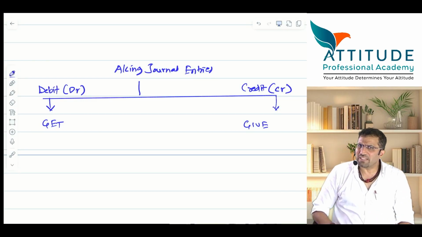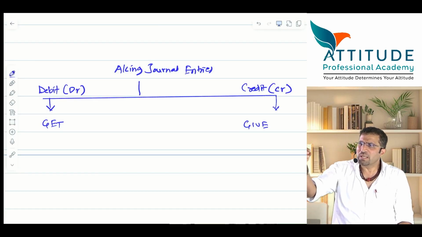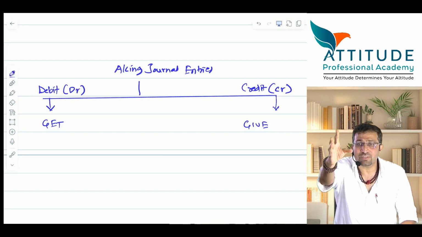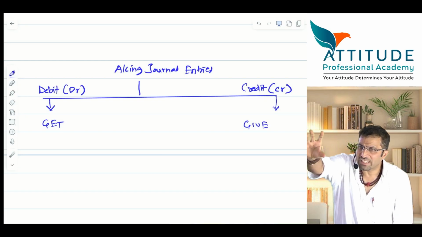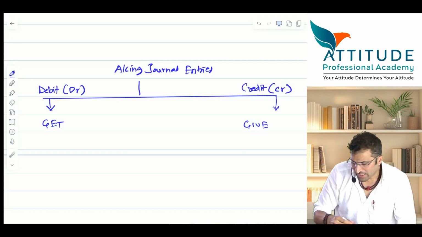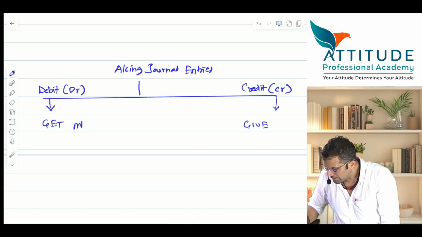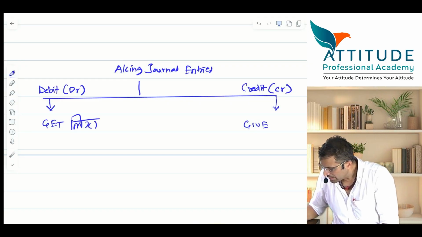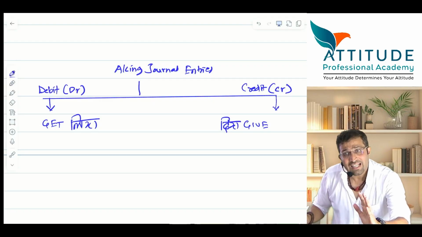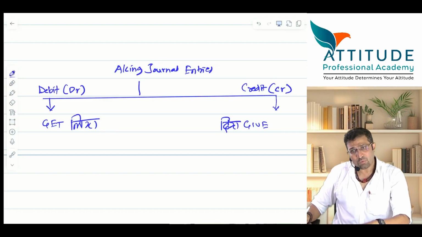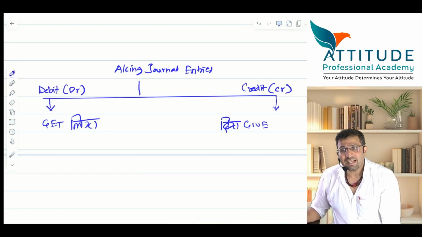Now please tell me, my dear friends, in any business, big, medium, small, there is always give and take. Yes or no? कौन सा भी धंधा ले लो भाई, लेन देन तो होते रहता है. क्या लिया, क्या दिया. क्या लिया डेबिट, क्या दिया क्रेडिट. What you get is debit, what you give is credit. बराबर है.